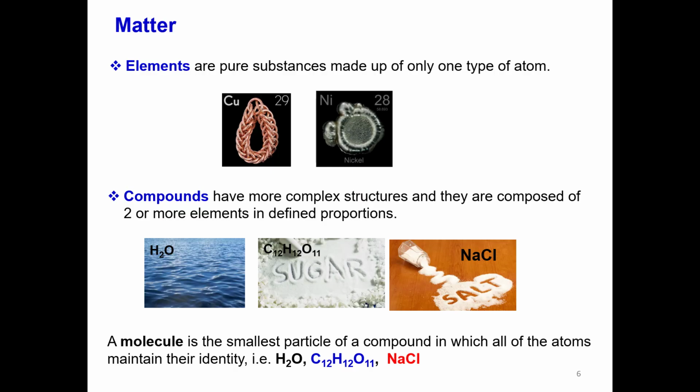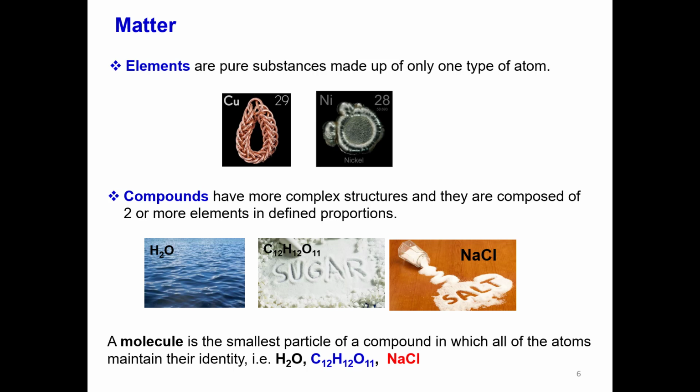What kinds of matter do we have? There can be elements. Elements are pure substances made up of only one type of atom. This is like the periodic table, for example copper, nickel, gold, lithium, just one type of atom.